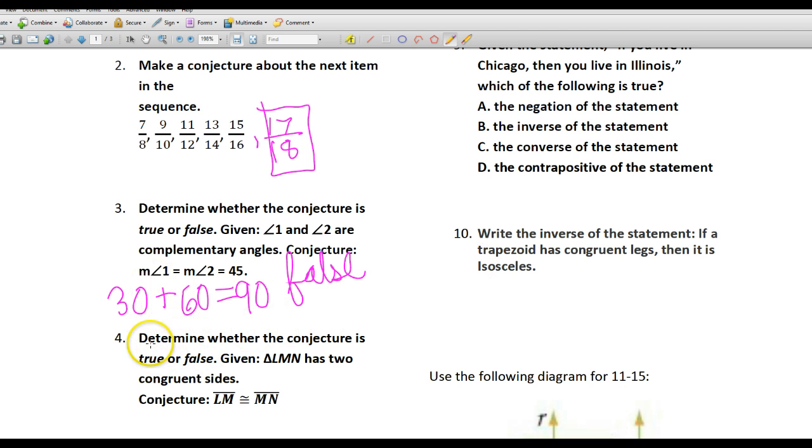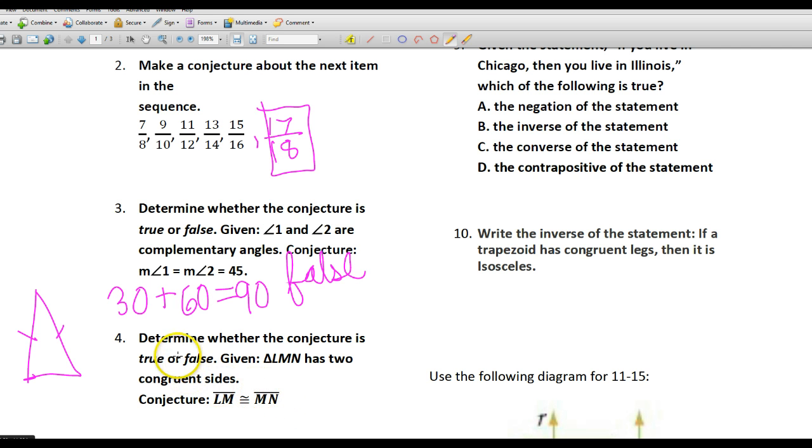Determine whether the conjecture is true or false. Number 4, given triangle LMN has two congruent sides, then conjecture LM has to be congruent to MN. So let's draw an isosceles triangle. So two congruent sides. Now based off of how we label this triangle, this is not necessarily true.